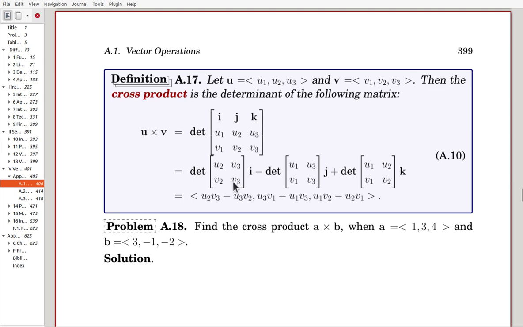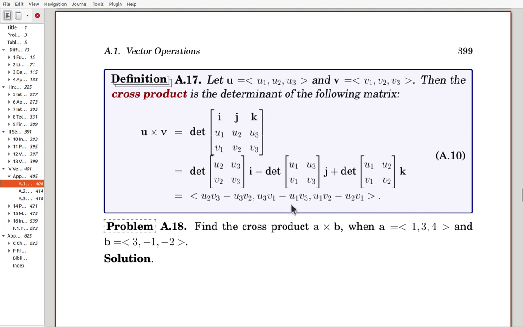And here, by using the cofactor expansion, we reach this one. And so by taking the determinant of each one, we reach that one.